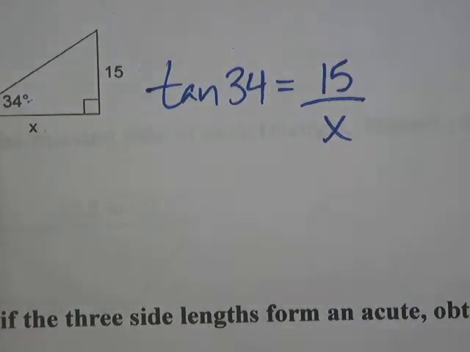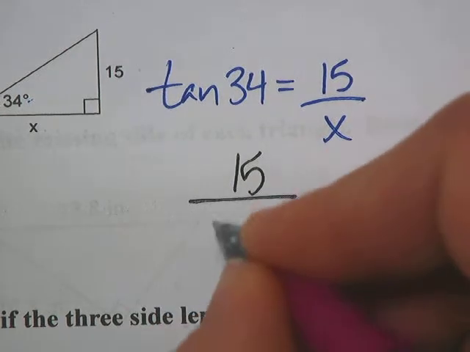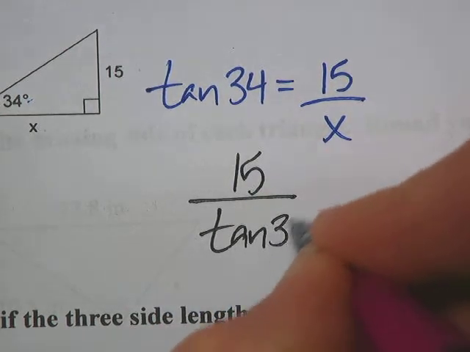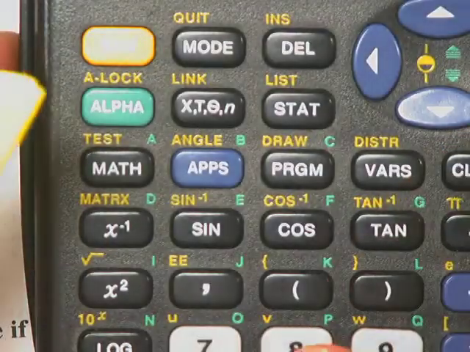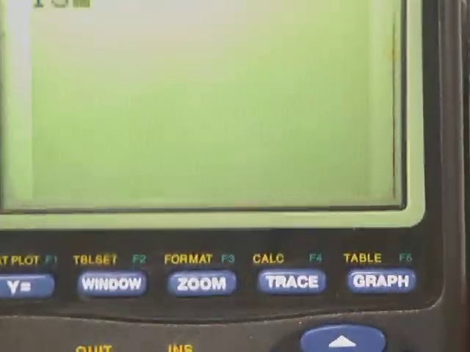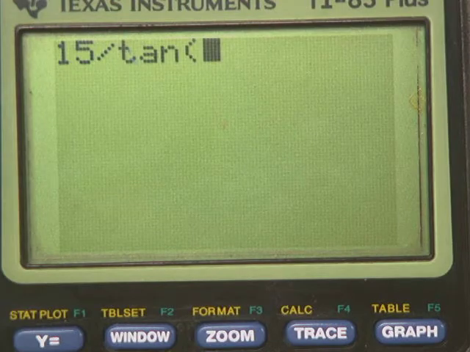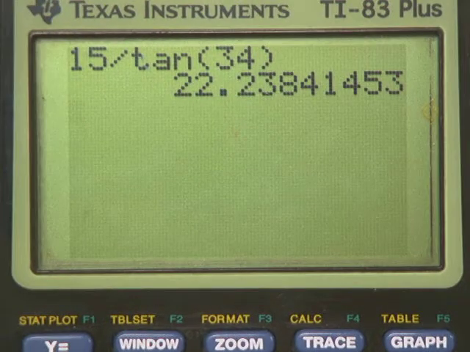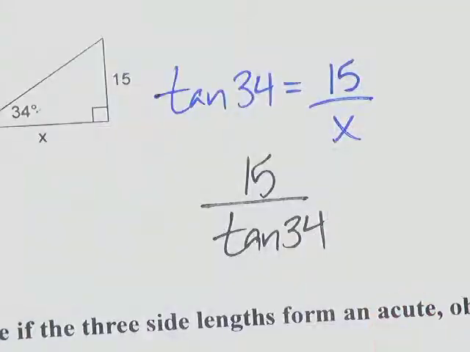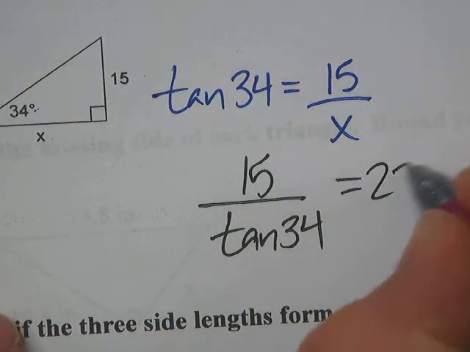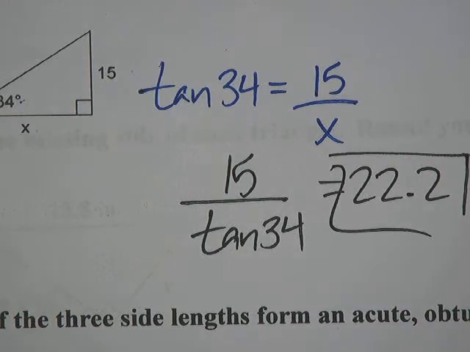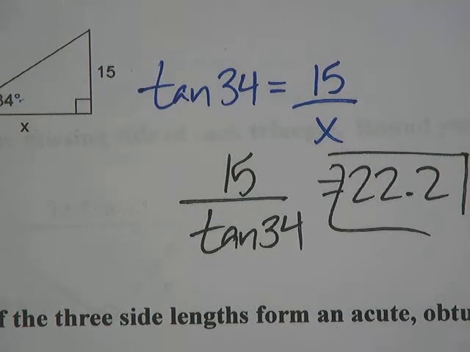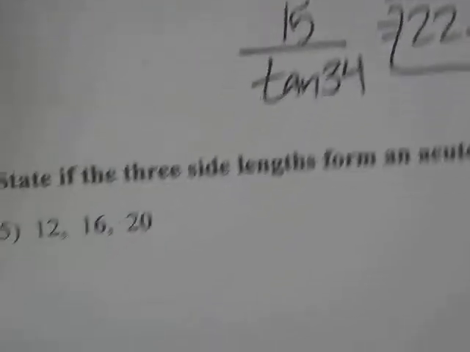Notice this one's different because x is on the bottom now. So in the calculator it's 15 divided by tangent of 34 degrees. 22.2 is my answer.